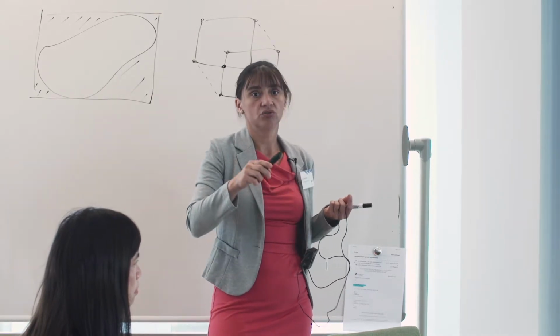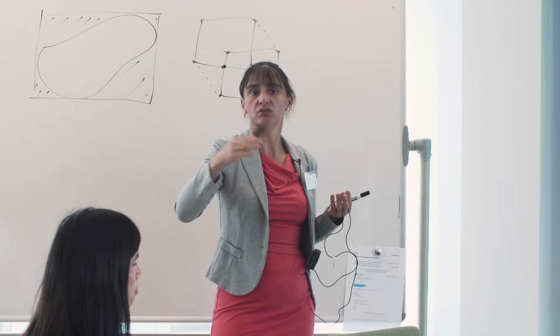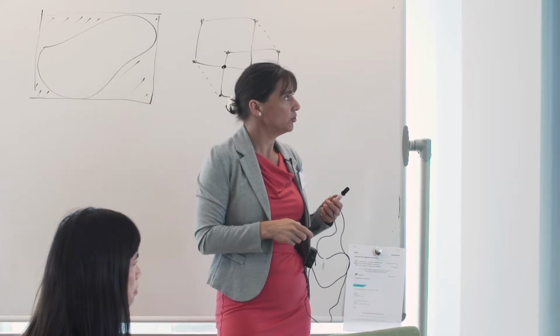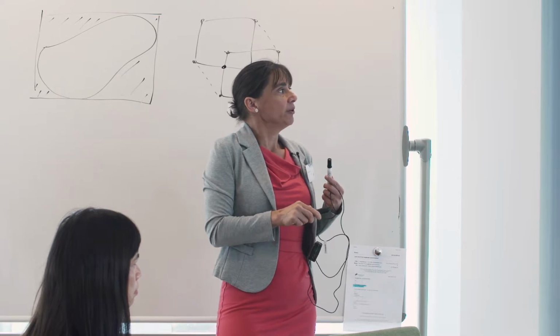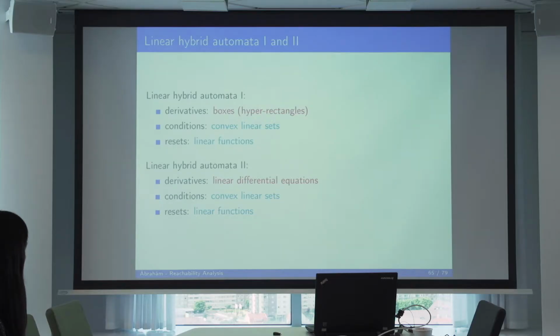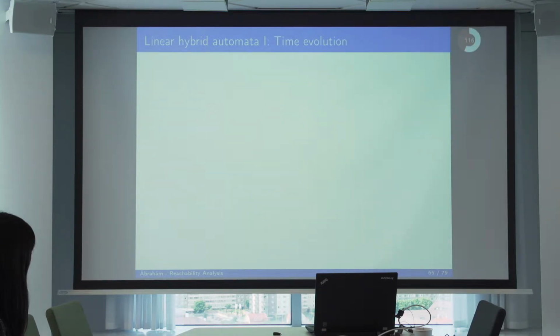Only x dot equals a constant, or x dot is from a box. All other conditions are linear, so the invariants, guards on transitions, and the resets are all defined by linear formulas. In the second case, we will do the same, but we allow linear differential equations as derivatives.